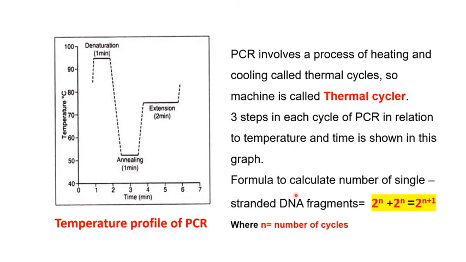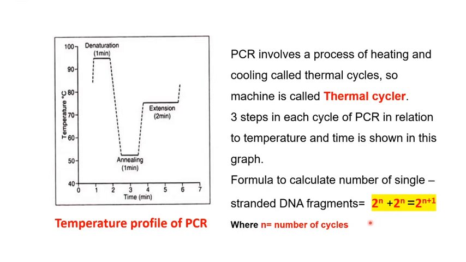The formula to calculate the number of single-stranded DNA fragments is 2^n + 2^n = 2^(n+1), where n is the number of cycles. With this formula, we can calculate the number of single-stranded DNA fragments formed after any cycle of the PCR.